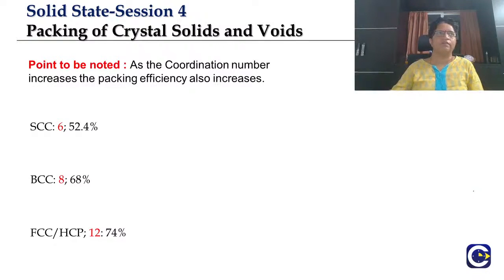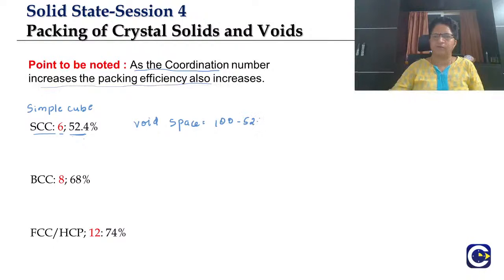Fine. As the coordination number is increasing, the packing efficiency also increases. What is SCC? Simple cubic. It's 6. And what did we calculate yesterday? 52.4% is the efficiency. Void space was 100 minus 52.4.